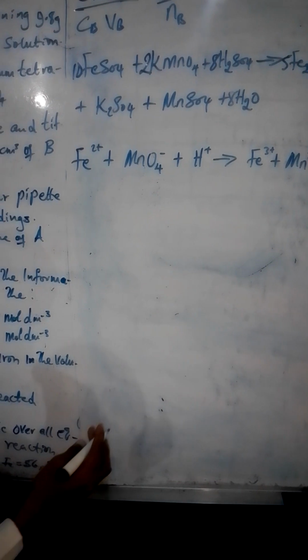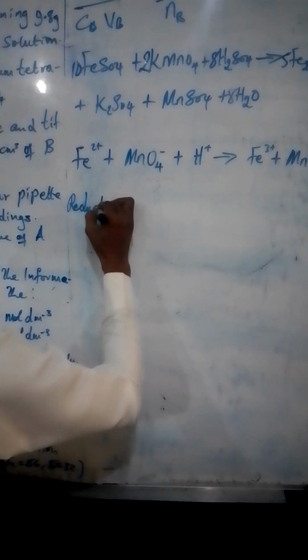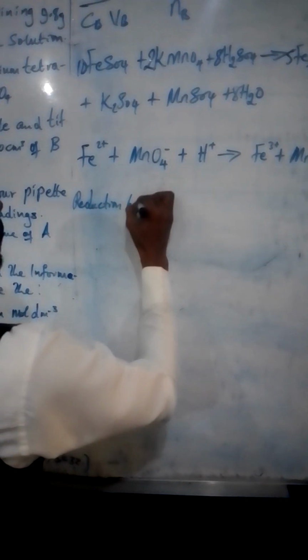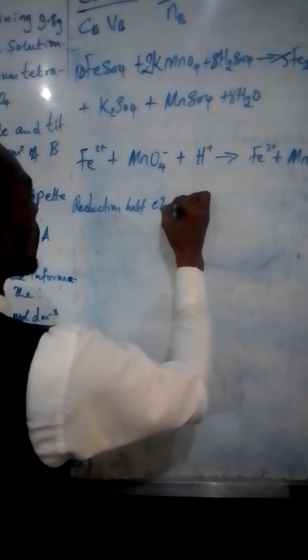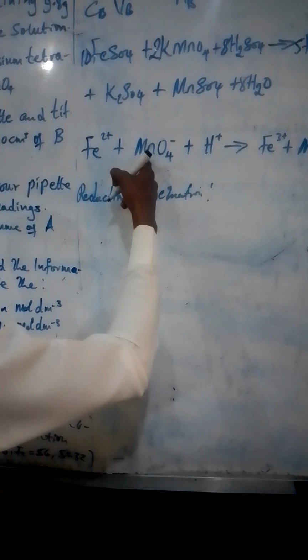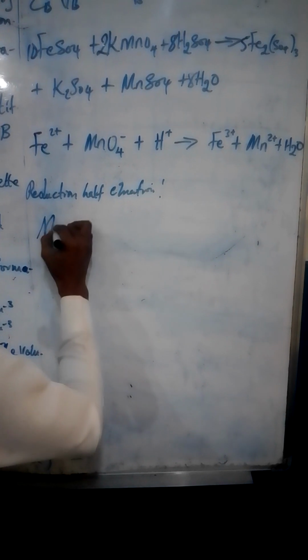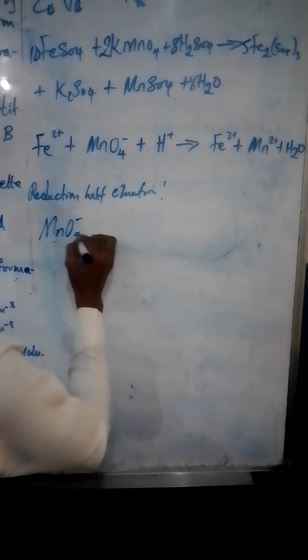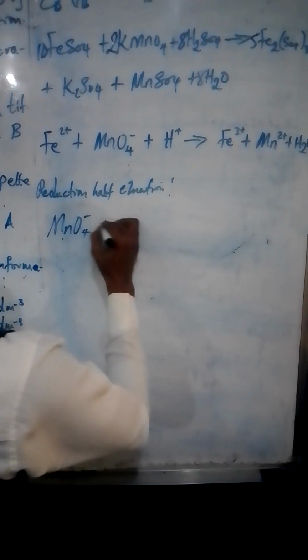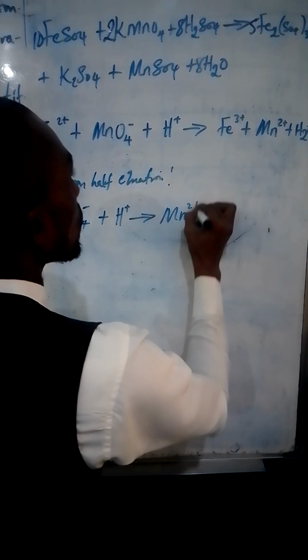So we're going to pick the reduction half equation. It will give us manganese moving from manganese 7 to manganese 2, which means manganese is being reduced. So we have MnO4 minus plus hydrogen to give us manganese 2 and water.